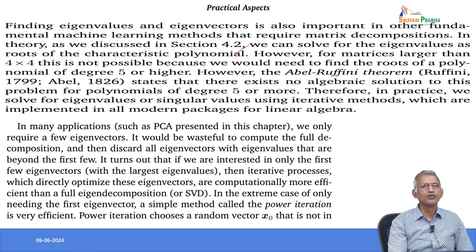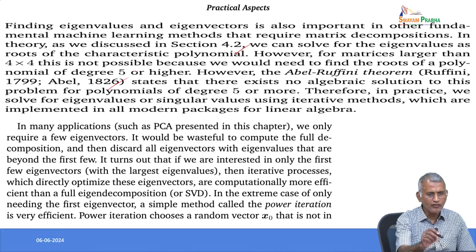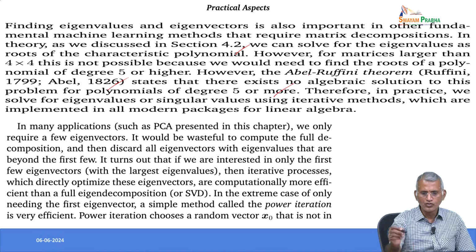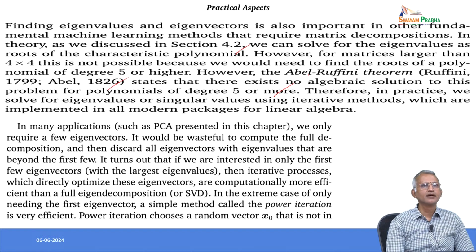The Abel-Ruffy theorem states that there exists no algebraic solution to this problem for polynomials of degree 5 or more. Therefore, in practice we solve for the eigenvalues or singular values using iterative methods, which are implemented in all modern packages for linear algebra.